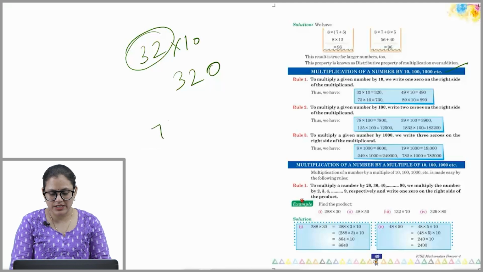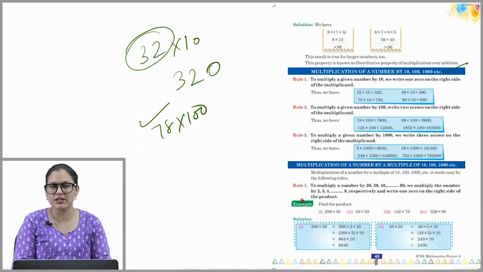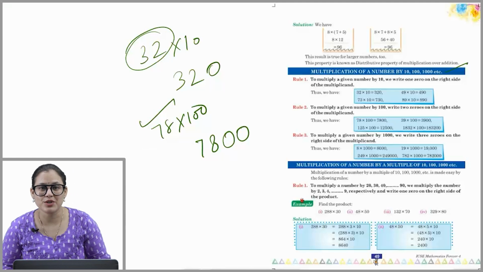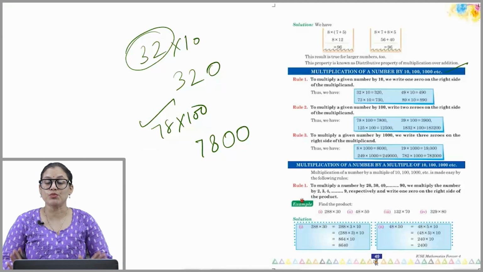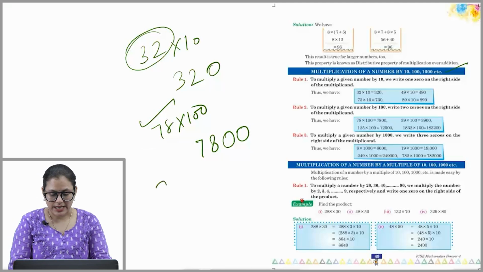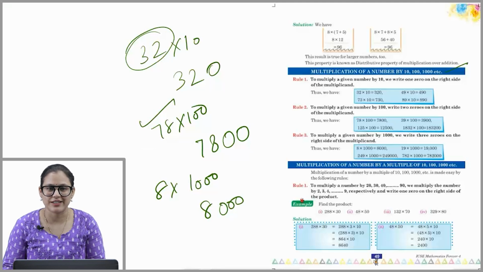For example, 78 into 100. Write the multiplicand as it is and put 2 zeros to the right of it. And rule 3, to multiply a given number by 1000, we write 3 zeros on the right side of the multiplicand. For example, 8 into 1000. Write 8 as it is and put 3 zeros to the right side of it, okay.